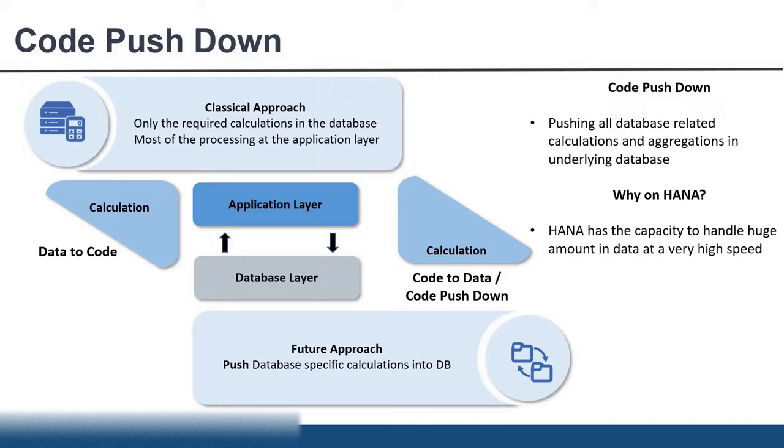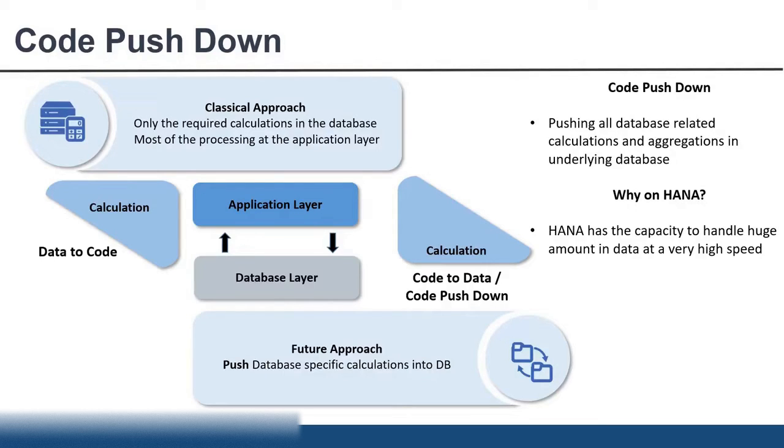That means if you want to have better performance on top of HANA, you will need to use different code push down techniques. And SAP has introduced different code push down techniques which can be used by ABAPers. So ABAP on HANA is nothing but learning different code push down techniques.